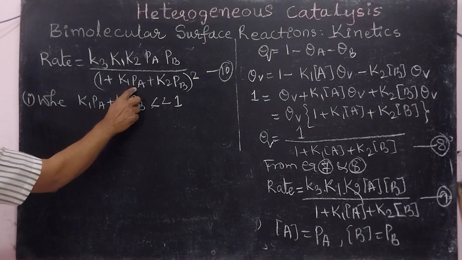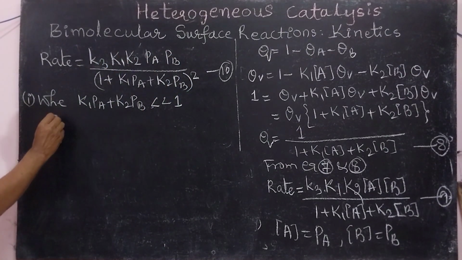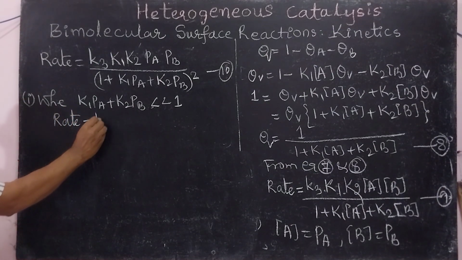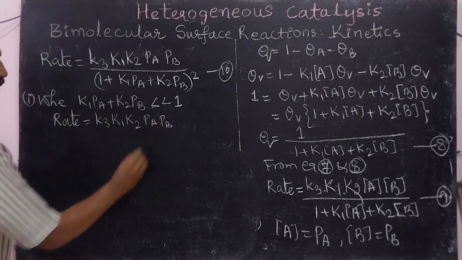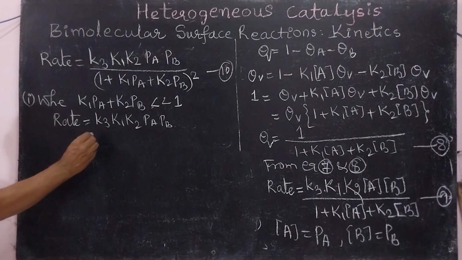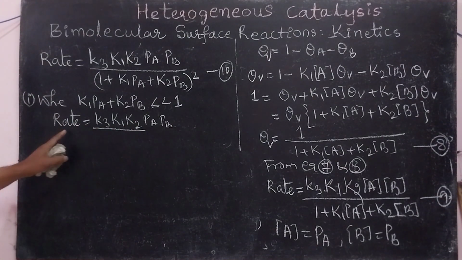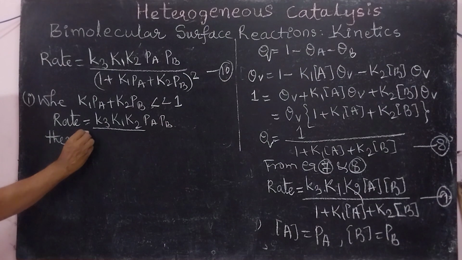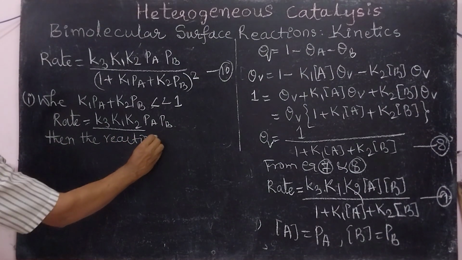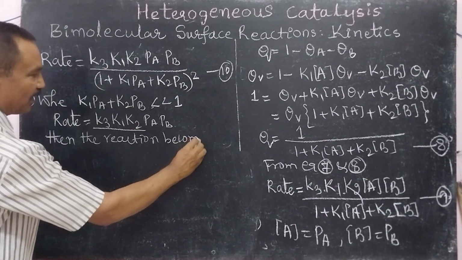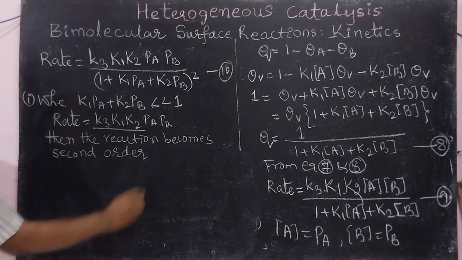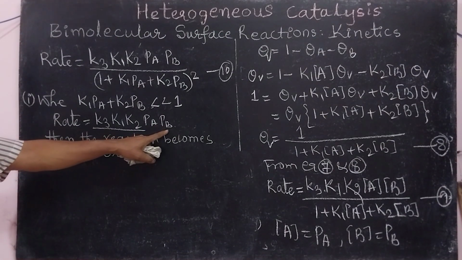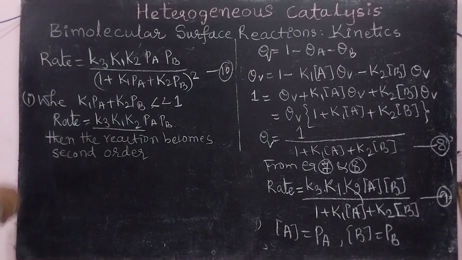Then this is neglected, and the rate is equal to K3 K1 K2 PA PB. All of these are constants, so the rate is directly proportional to two pressure or concentration terms. Then the reaction becomes second order. Order with respect to A is 1, order with respect to B is 1, so totally the reaction is second order.